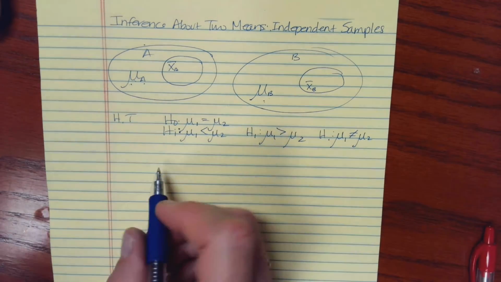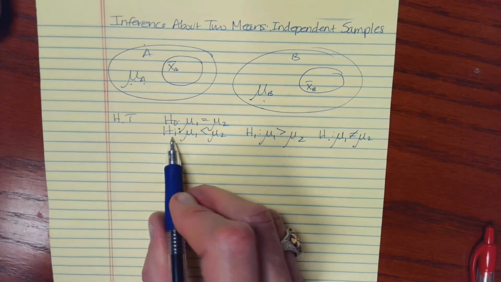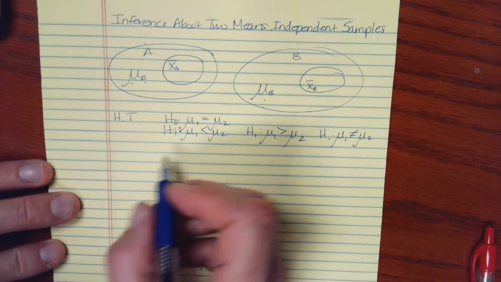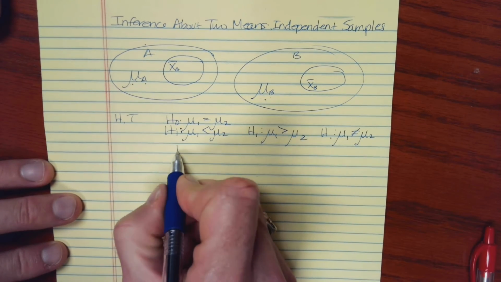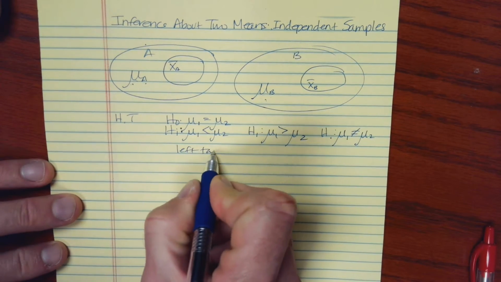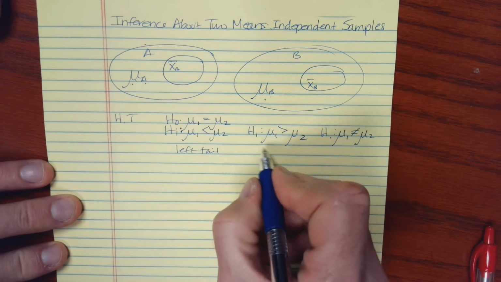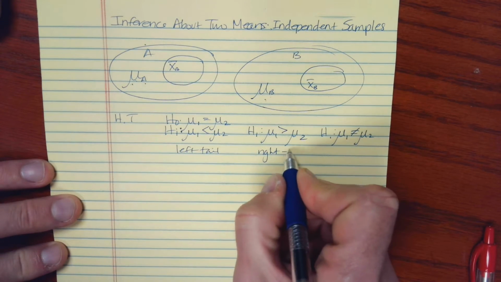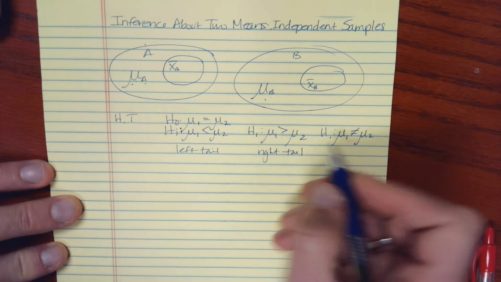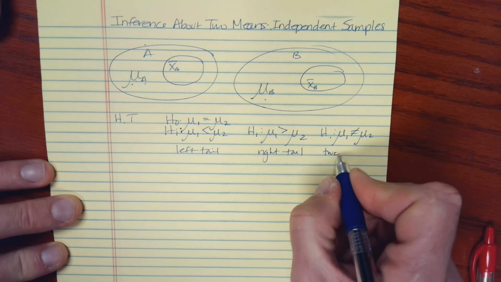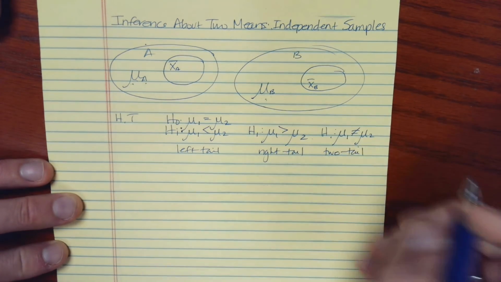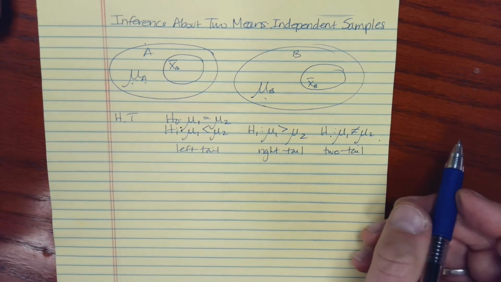So the statement in the alternative hypothesis is important. It determines the type of test we're doing, whether it's going to be a left-tailed test, and that would be in this situation, a right-tailed test, that would be true here, or a two-tailed test, which would be in this last scenario.